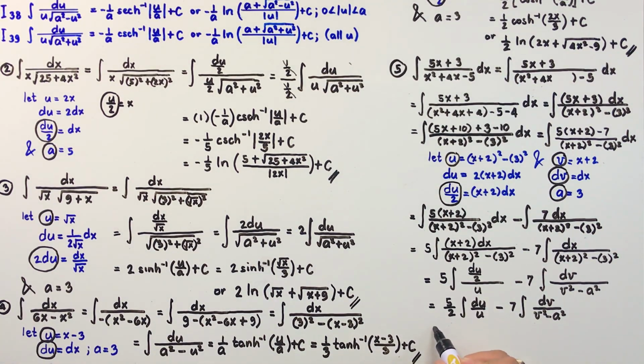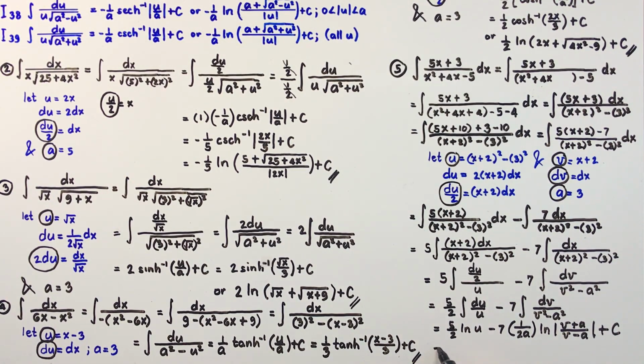So this is equal to 5 halves times the natural log of u, minus 7 times 1 over 2a times the natural log of v plus a over v minus a here. And this is added to the constant of integration, c.